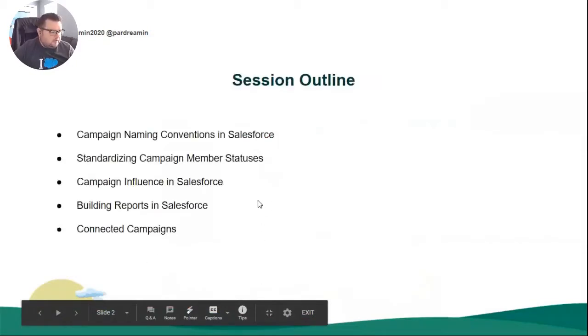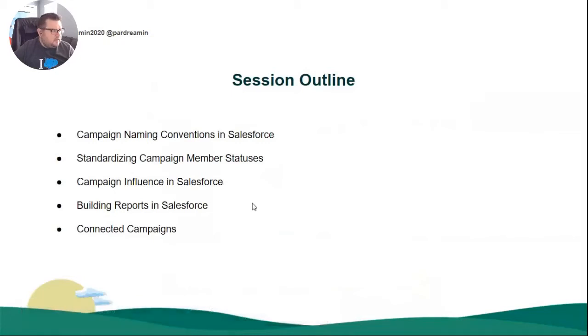These are some of the things that we're going to be talking through today. Campaign naming conventions in Salesforce, member statuses, campaign influence, building reports in Salesforce to be able to demonstrate that campaign influence, and then also some of the cool features that come from connected campaigns.